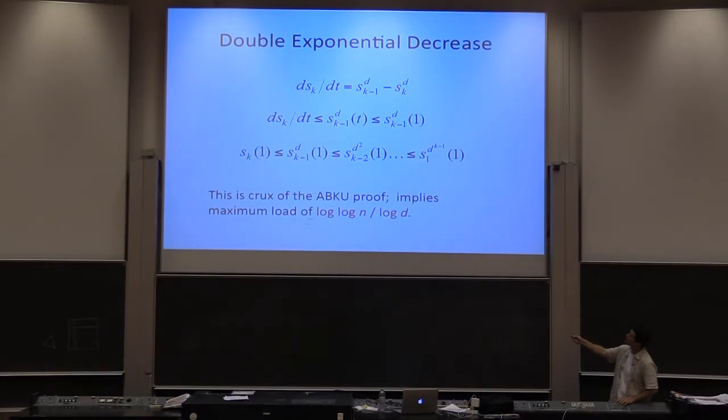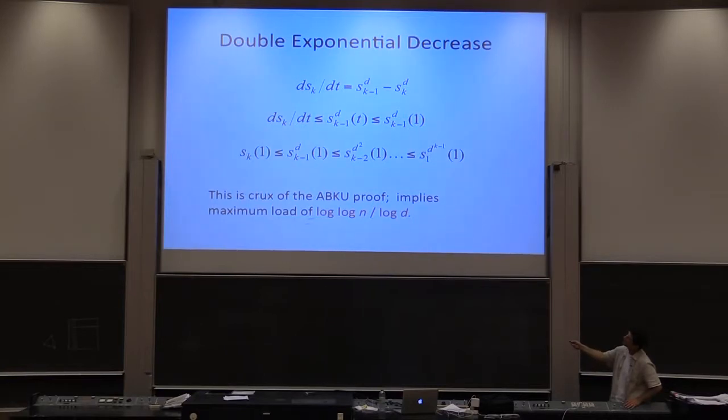Then ds_k/dt is certainly less than s_{k-1} to the d power at the appropriate time value t. And in particular, these s_k values are just increasing, right? The fractions of bins with load at least k just go up as time goes on. So this is less than or equal to s_{k-1} of 1 to the d power.